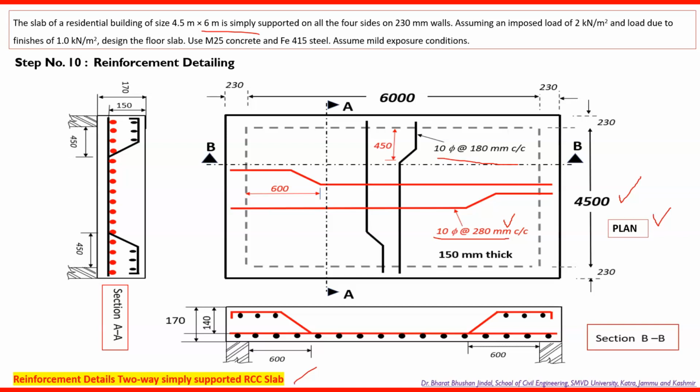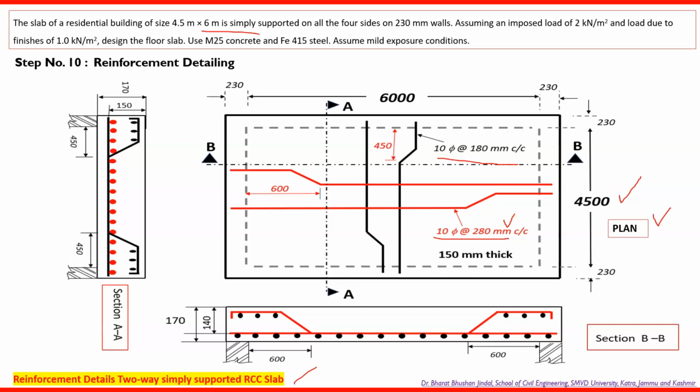The steel which we have provided parallel to the shorter span is bent up in the upward direction at a distance of 450 millimeter from the face of the support. And the steel which we have provided parallel to the longer span is lifted or bent up at a distance of 600 millimeter from the face of the support along that direction.